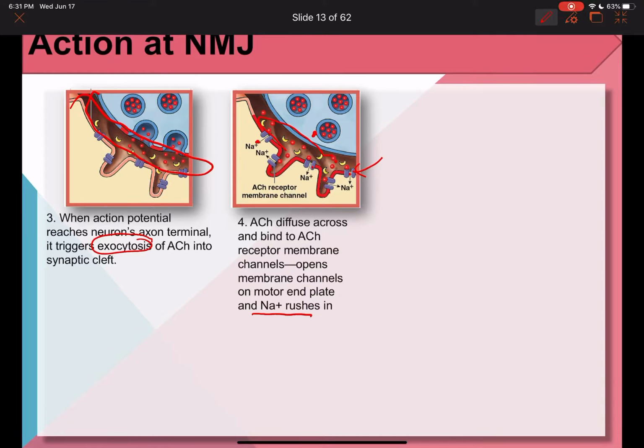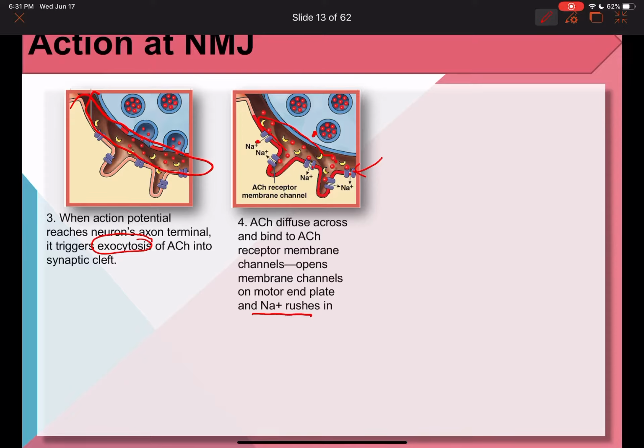Okay? So let me say that again. The rush of these positively charged sodium ions going into the sarcolemma is what will then initiate another round of action potential to be started on the muscle fiber side, okay? Because the action potential was on the neuron side. Now we need it to happen on the muscle fiber side.